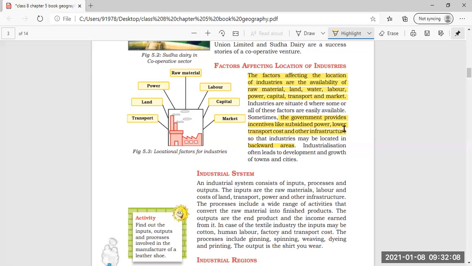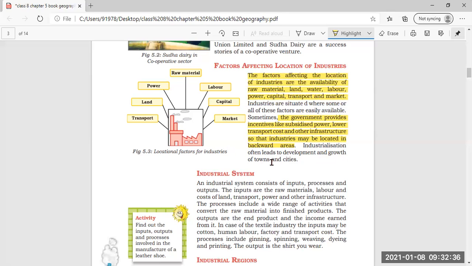Incentives means a few benefits like subsidized power, meaning electricity at less cost, lower transport cost or any infrastructure. These benefits are given to those industries which are put up in backward areas, where less development is there.